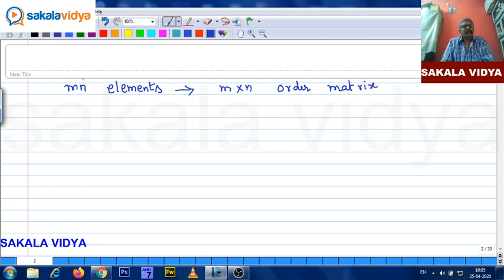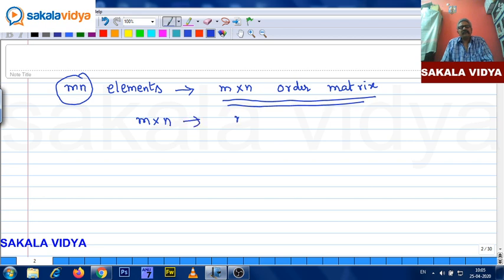That means if mn elements are there, its order will be m by n, which means m rows and n columns. Generally, matrices are denoted by capital letters.